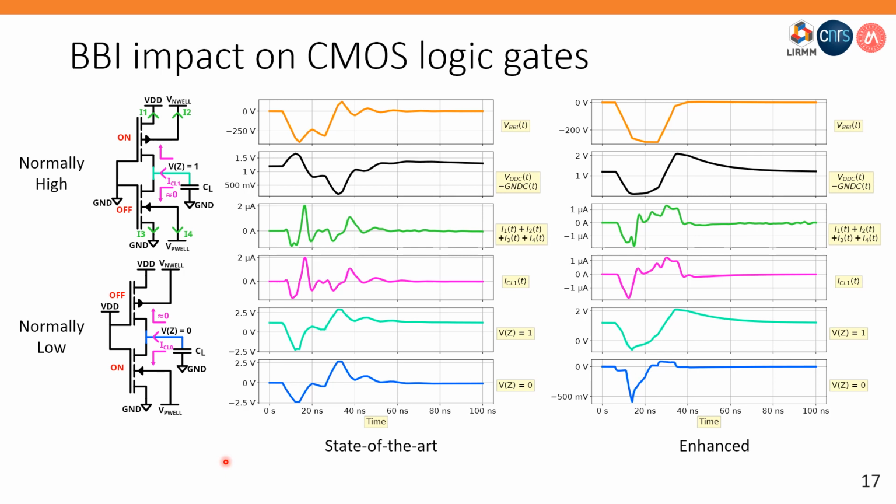We show here 7 signals: the voltage pulse in orange, the differential power supply in black, the total current going in and out of the normally high inverter in that case in green, the current flowing through the inverter capacitive load in magenta here, and of course the logic gate output in cyan, the normally high inverter, and in blue the normally low inverter.